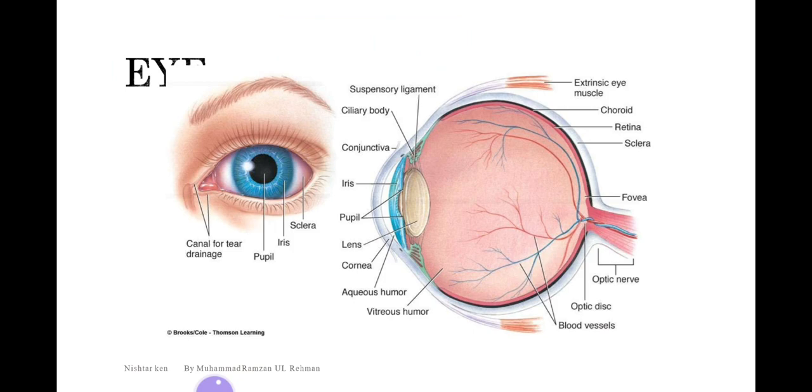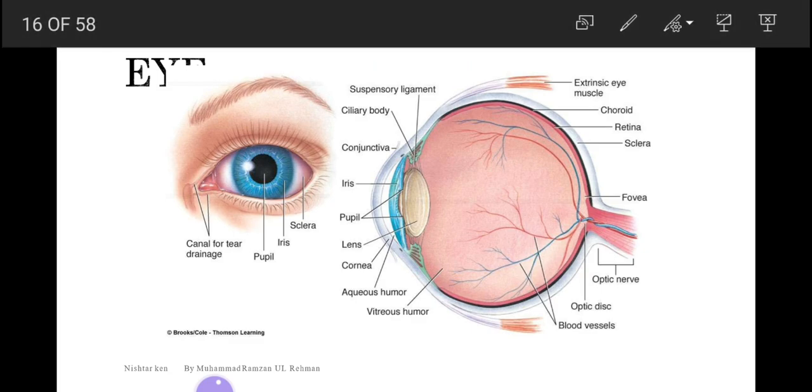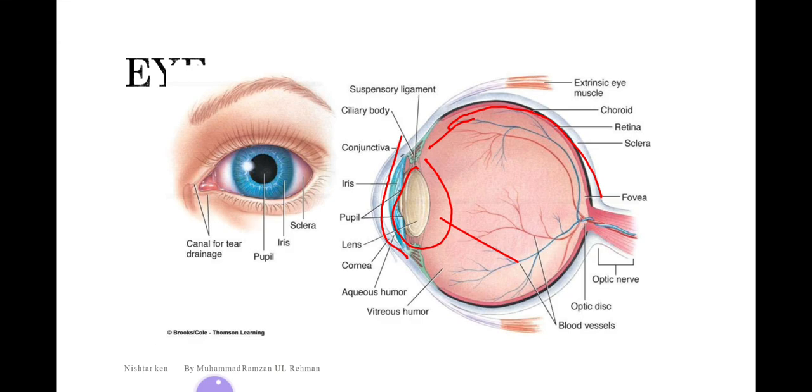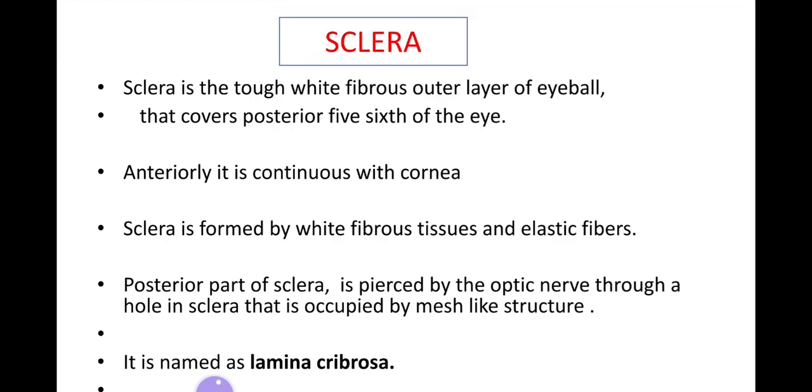Outer five-sixths is the sclera, and that is the opaque structure of the eye, and anterior one is the cornea. Here is shown the cornea, that forms the anterior, transparent part of the outer wall of the eyeball.